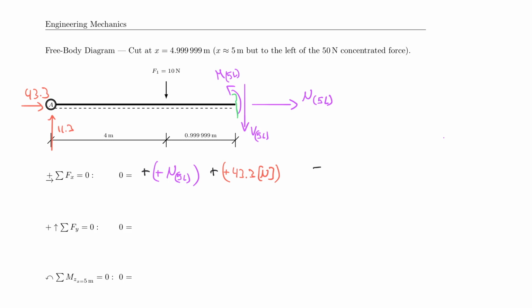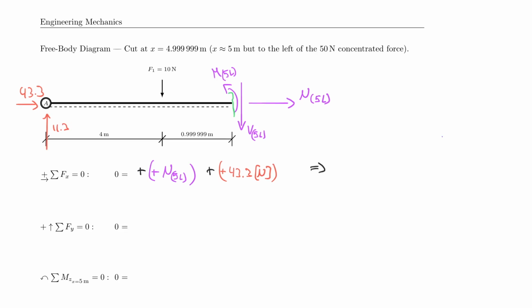And therefore I can now say that my normal force in the 5 to the left location is equal to minus 43.3 Newton, which of course means that it's in compression. And now I can double underline that because it is my result.